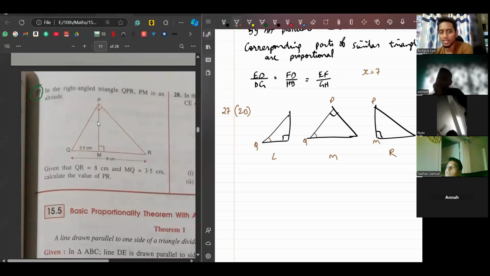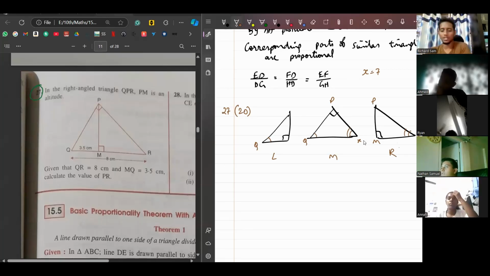Look at the full triangle. Angle R is common. You see angle R and angle R over here, they're exactly the same. So using the AA postulate, you can show that both the left and the middle are similar. Also the middle and the right are similar. Therefore, all three triangles are similar to each other.